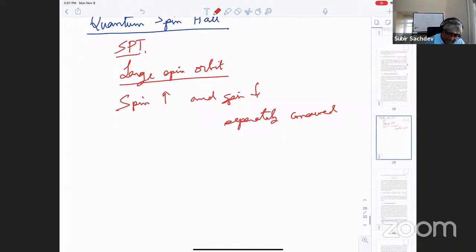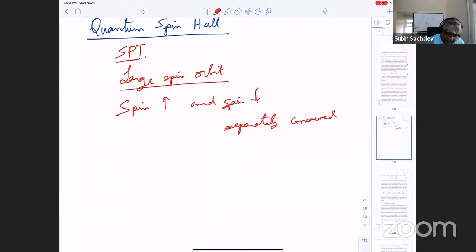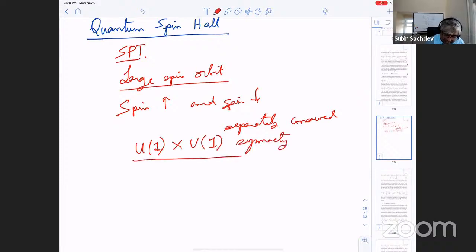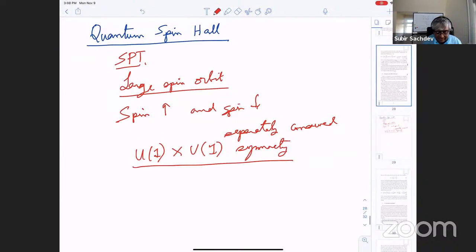So now that means that there's a larger symmetry. Normally, the only symmetry you have is the U(1) symmetry of conservation of total number of electrons. But now you have U(1) cross U(1) symmetry. So that's the larger symmetry that we're going to consider, which gives you this very simple quantum spin Hall state.